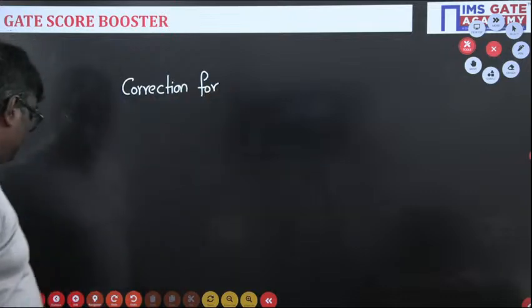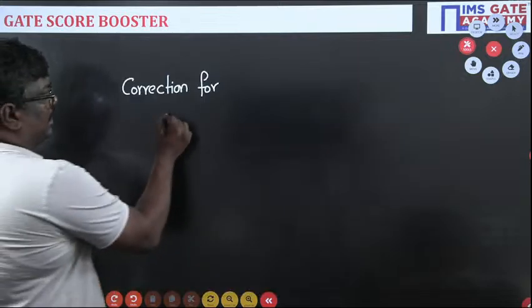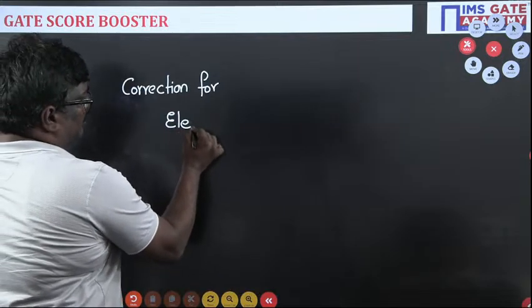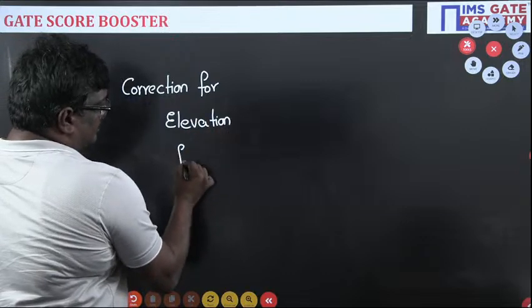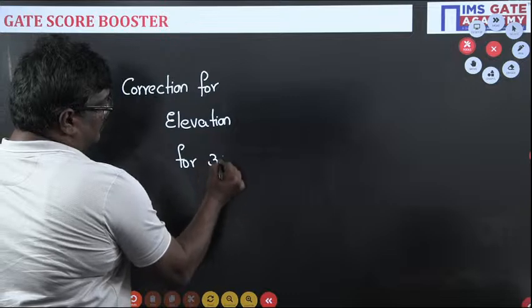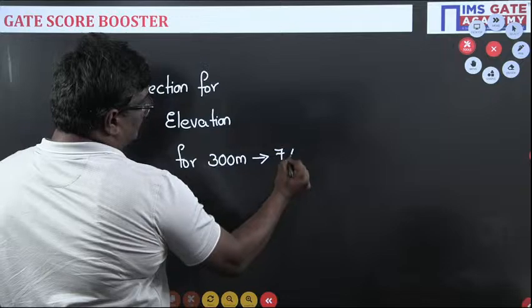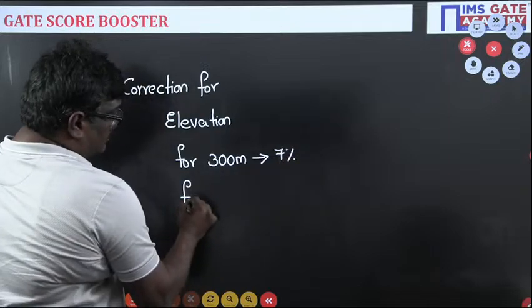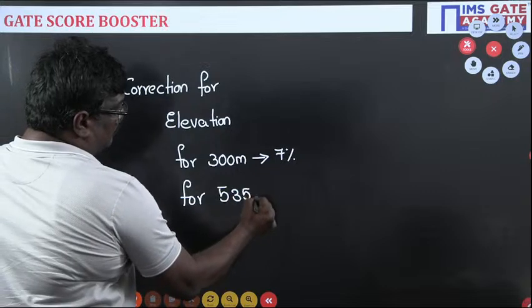See students, here you should be clear with this problem. Here what is happening is correction for elevation. For every 300 meter height, the correction for elevation is 7 percent. Now for an elevation of 535 meter, given in the problem, what will be the value?